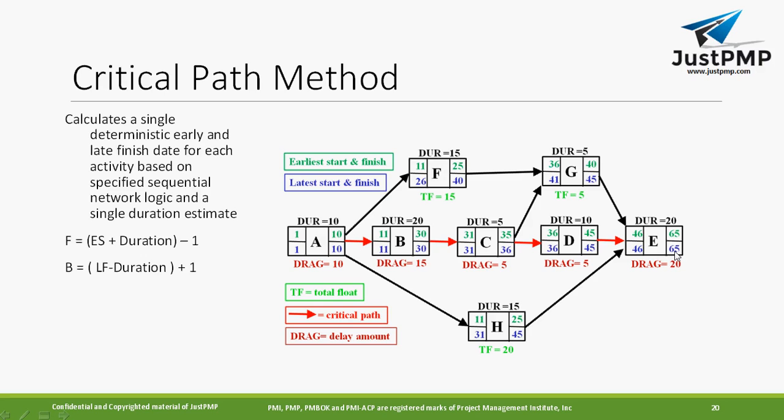So you have the 65-day latest finish date minus duration 20. How much does it become? 45. 45 plus 1, 46. Okay, come to this one, H.